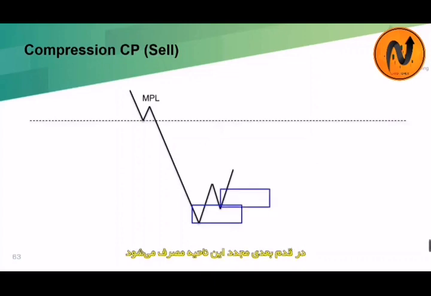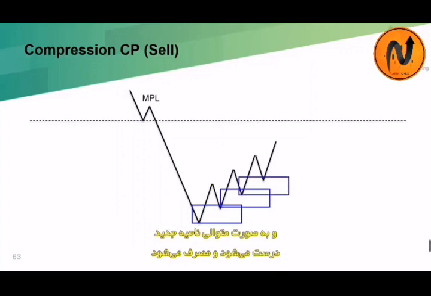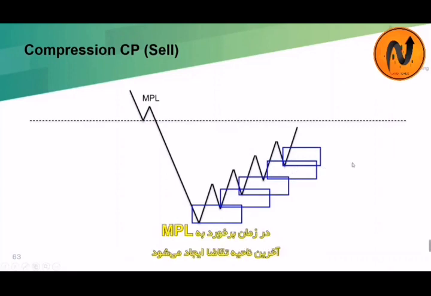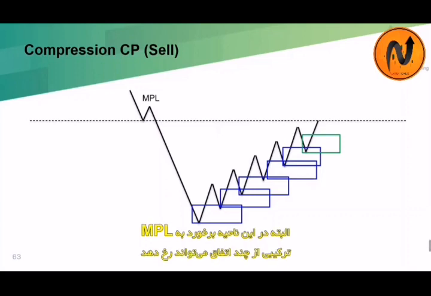Then it will consume again and create, consume again and create, all the way crawling towards the MPL area. So the price creates the last demand zone when it touches the MPL, likely.